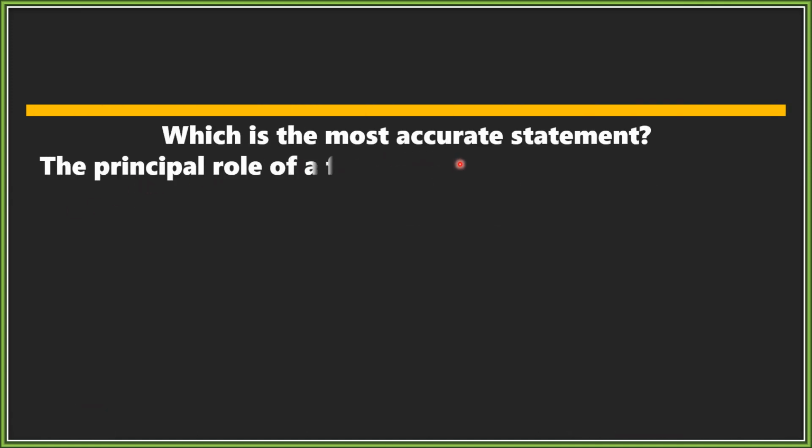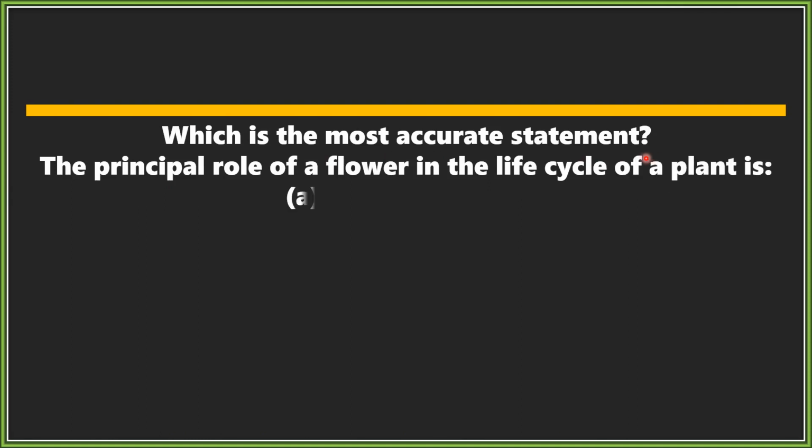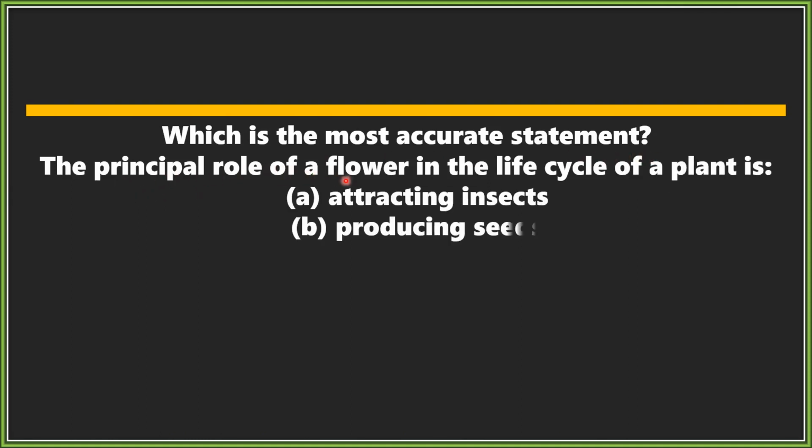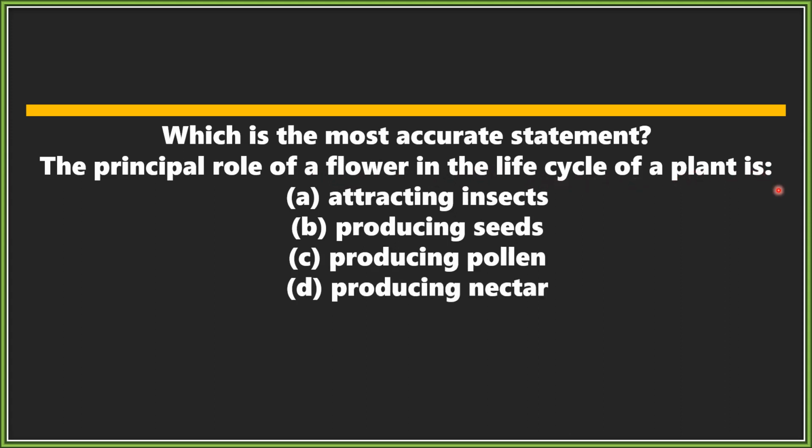Which is the most accurate statement? The principal role of a flower in the life cycle of a plant is: A. Attracting insects. B. Producing seeds. C. Producing pollen. D. Producing nectar.